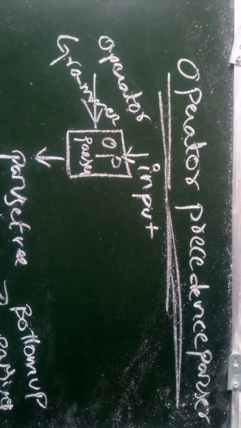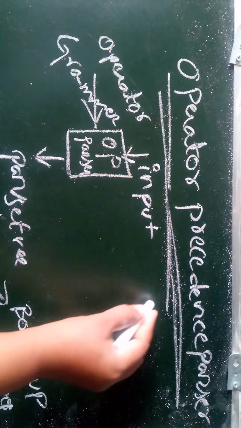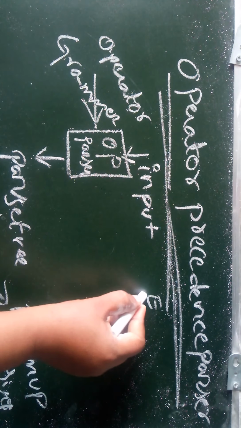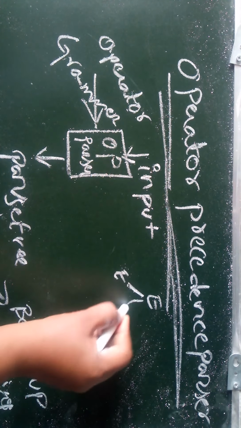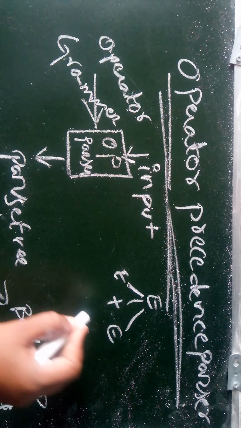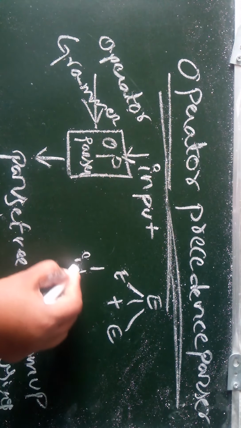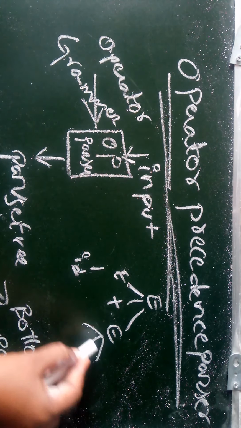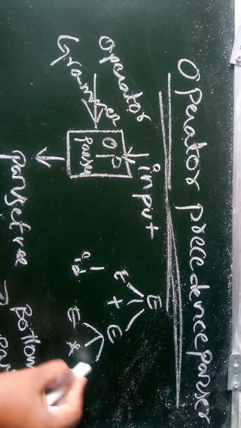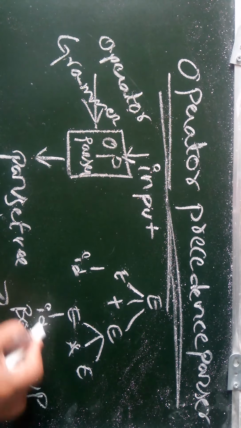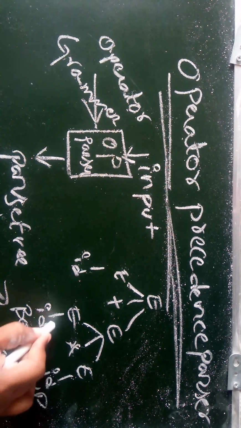You all know how the bottom up parse tree is constructed. Star E, this is ID and this ID.